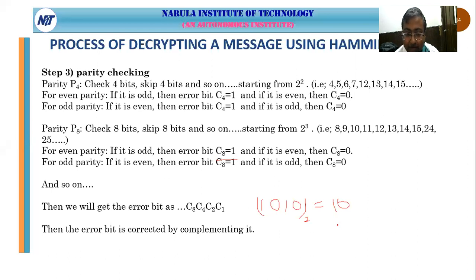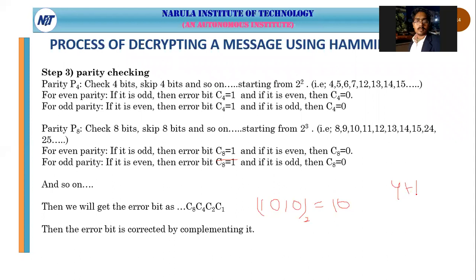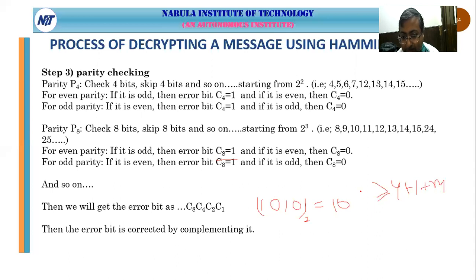If 4 parity bits are there, that means k is equal to 4. So what will be the minimum value of m? 4 plus 1, 4 plus 1 greater than or equal to m plus 2 to the power of 4.